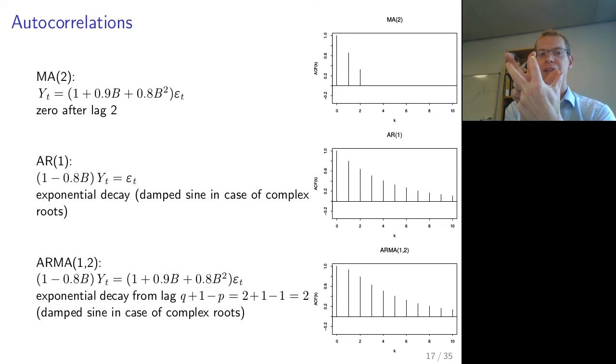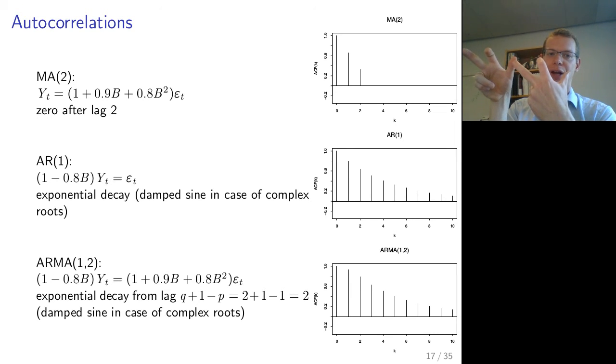When you then change the lag to lag 1, you have contribution from these two epsilons because they are overlapping. If you go to lag 2, you have one epsilon left still overlapping, but when you shift more than 2 steps away, there are no epsilons overlapping, and thus there's no correlation. So that's the motivation for this.